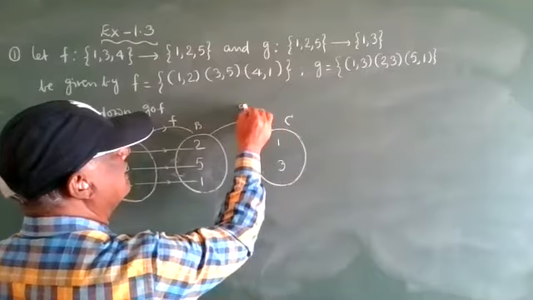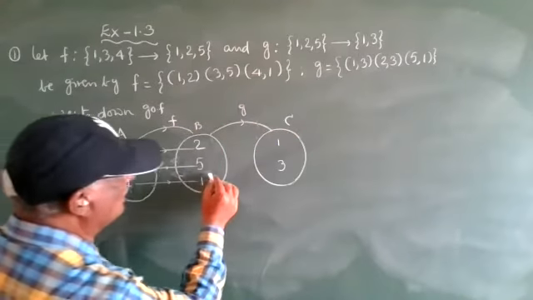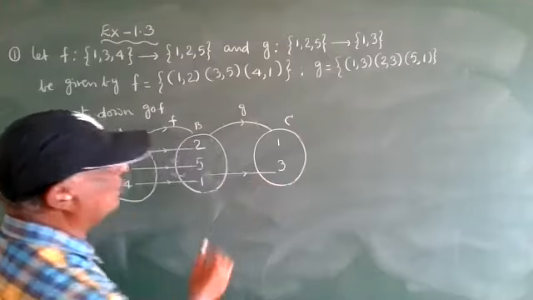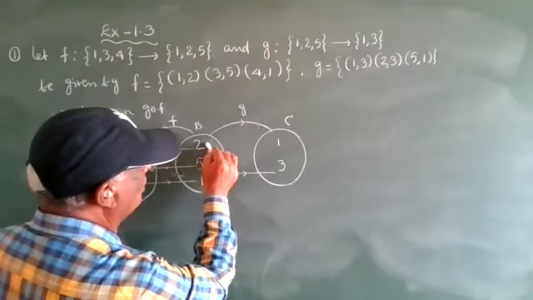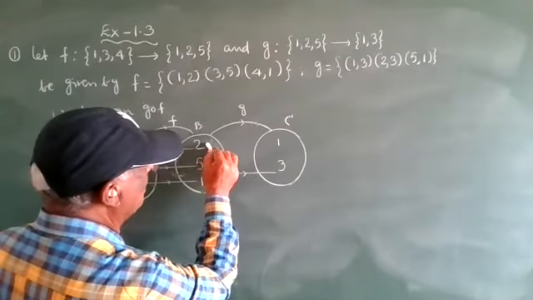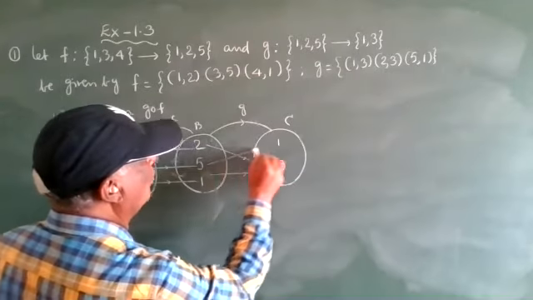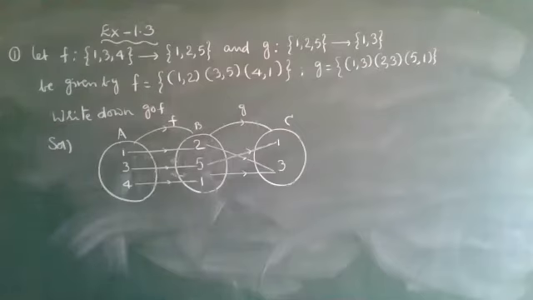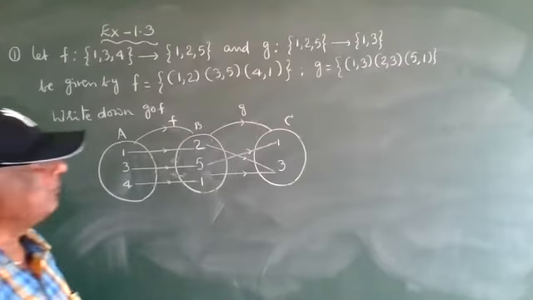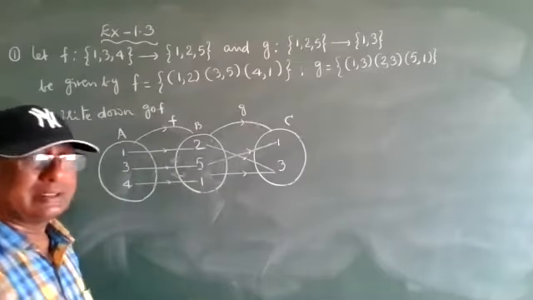This is the g mapping: 1 to 3, 2 to 3, and next 5 to 1 is given. So I will write it, everyone see.